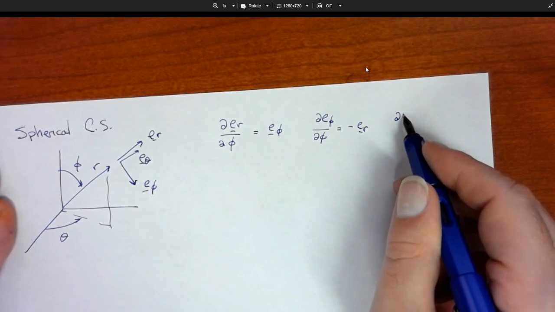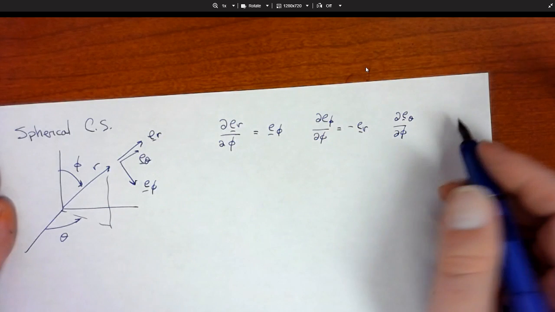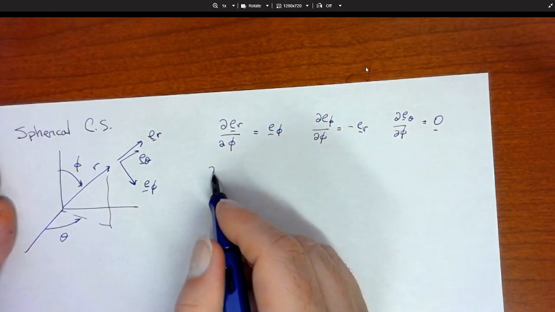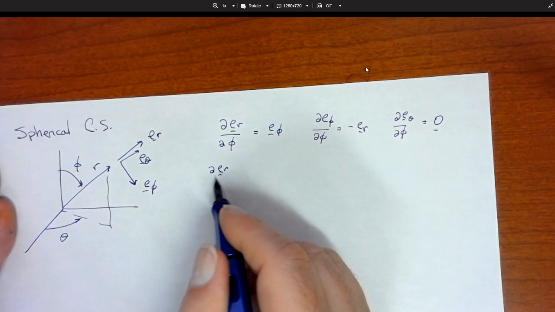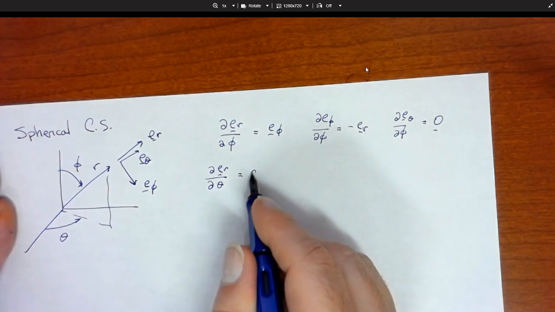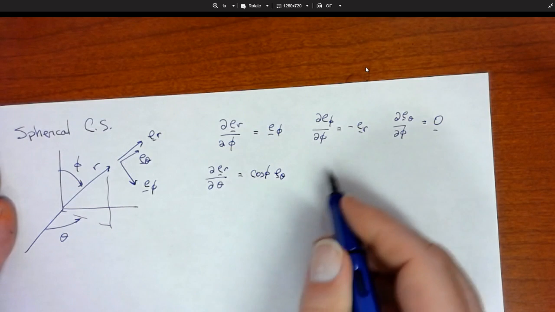And the partial derivative of E theta when we change phi gives me nothing. Partial derivative of E r when we change theta gives me sine phi E theta.